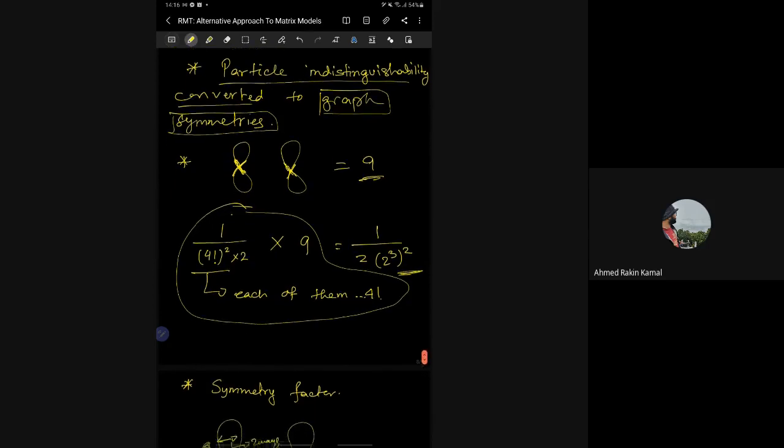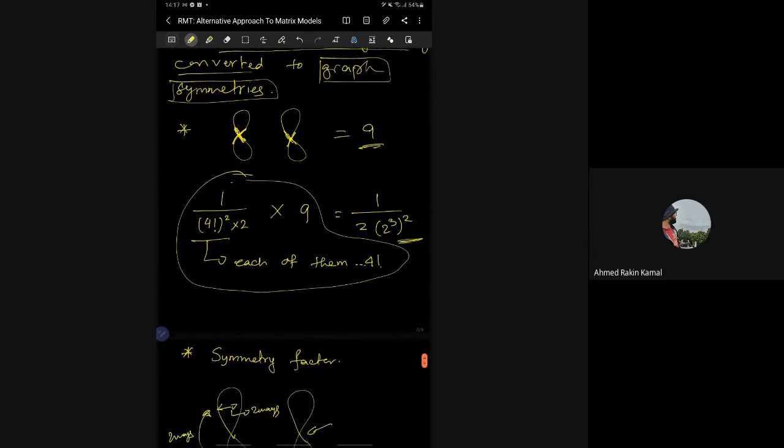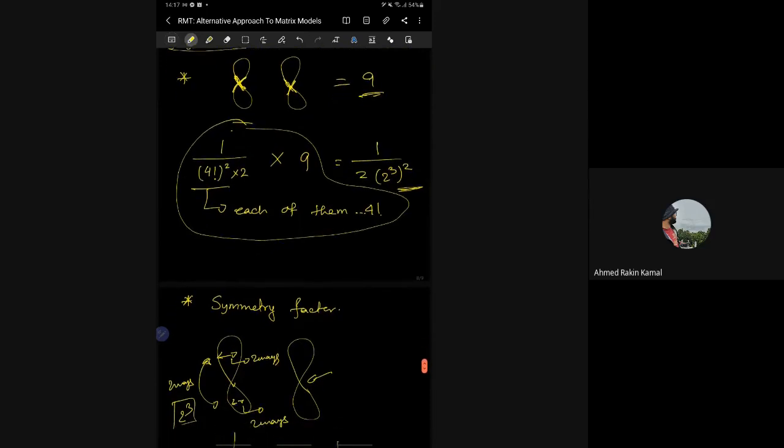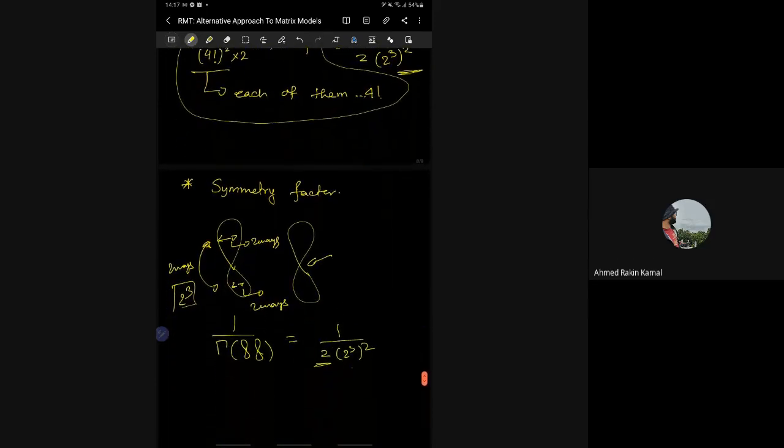Okay. For now, just try to get hold. When you see this video again, you will try to understand this. Or if you still don't, I'll get back to you. But for now, try to understand the symmetry factors. This is more important. The particle indistinguishability, that's later. Did you understand why we have a 2 cubed here?